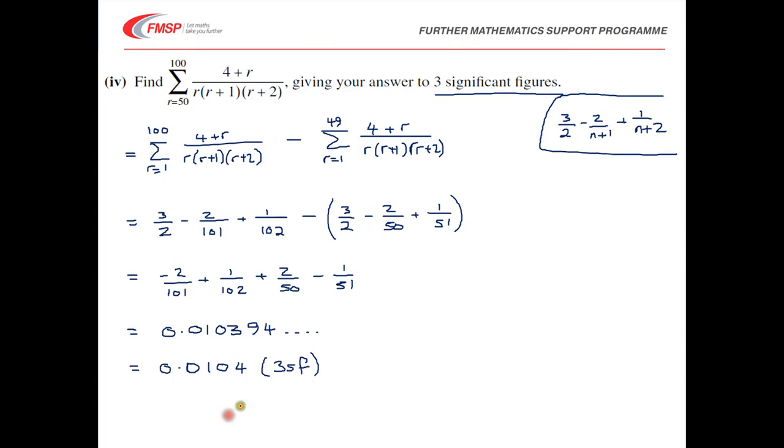And the mark scheme for this, there is a method mark for splitting it up into 2 parts. There's then another mark for using part 2 rather than starting again, and an accuracy mark for getting that exactly right to 3 significant figures.